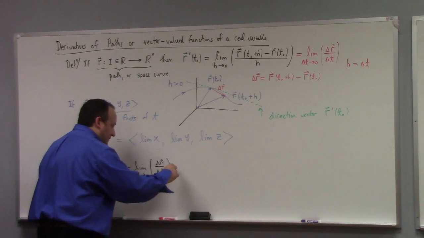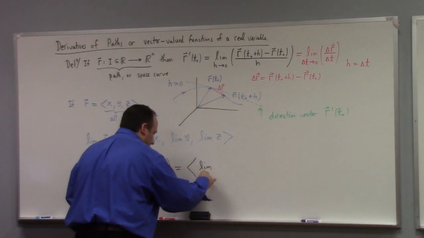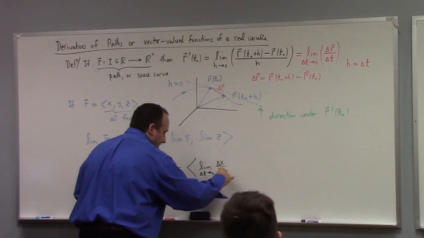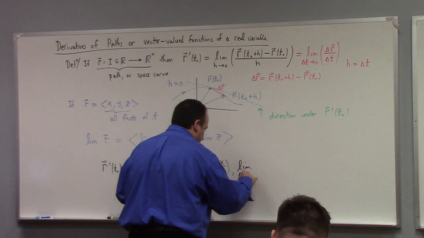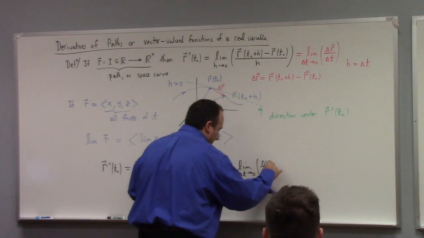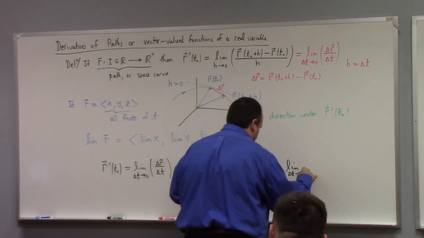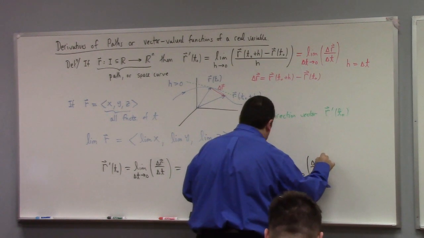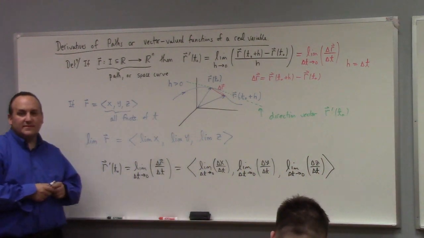So advanced calculus essentially says that this is in fact the limit as delta t goes to 0 of delta x over delta t, limit as delta t goes to 0 of delta y over delta t, comma, limit as delta t goes to 0 of delta z over delta t. Oh, goodness gracious, right? But what are those?